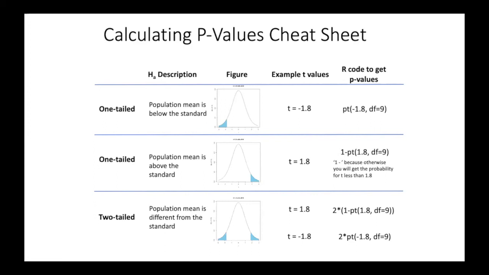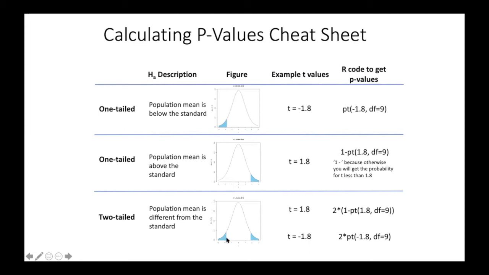Now, the final example in this cheat sheet is one where we have a two-tailed statistical test, where we didn't have any hypothesized direction in our alternate hypothesis. So to begin with, suppose that we calculated a test statistic of -1.8.